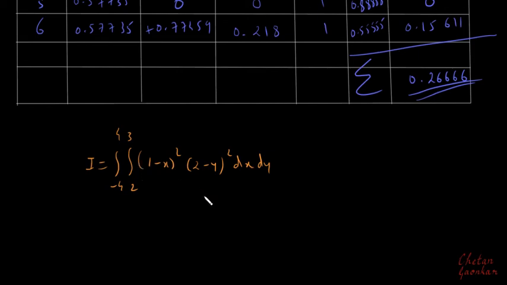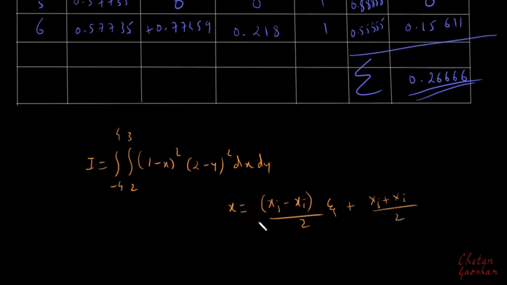So what I can do is straight away use the mapping function, which will relate this coordinate system with the natural coordinate system. That is, x is equal to (xj minus xi) by 2 times xi plus (xj plus xi) by 2.